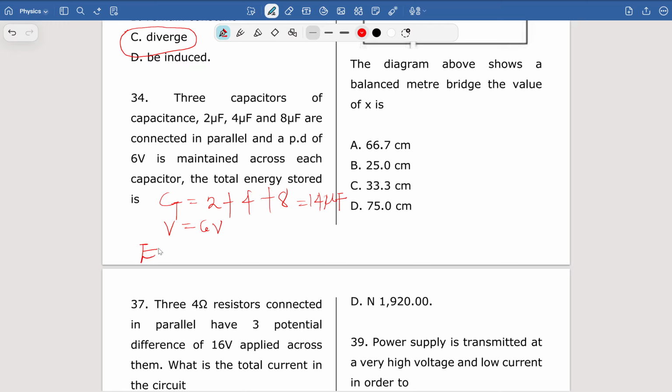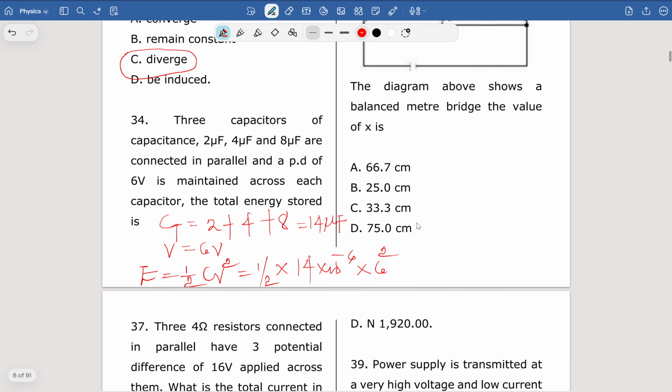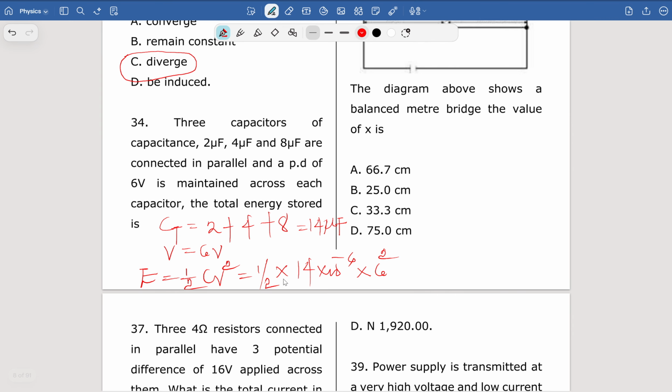So total energy as related to capacitance and the voltage is half CV squared, which is half multiplied with the C, that is 14 times 10 to the power negative 6, times V squared, that is 6 squared. So quickly, 2 divides 14, you have 7.